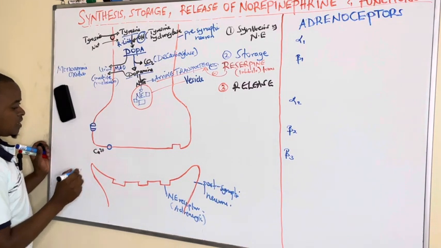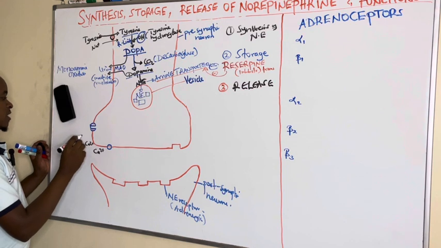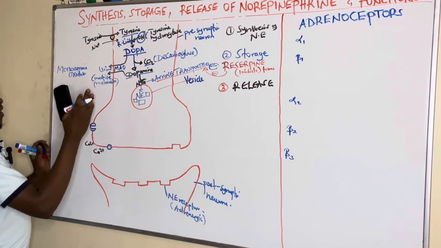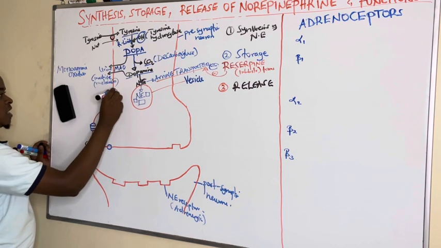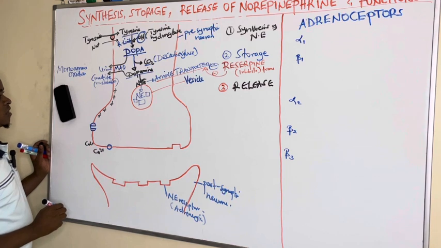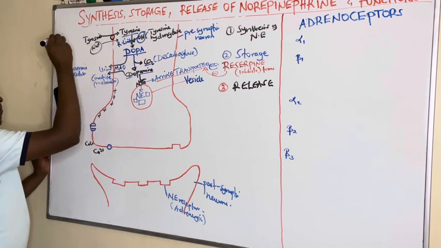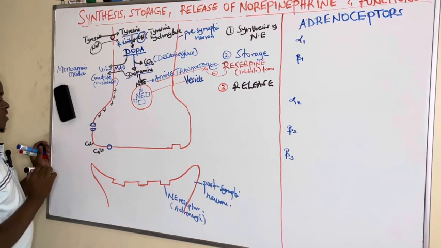We know that in the cleft there are always calcium ions. When the cell becomes depolarized, whereby inside it becomes positively charged due to the entry of sodium, it causes opening of the calcium voltage-gated channels.